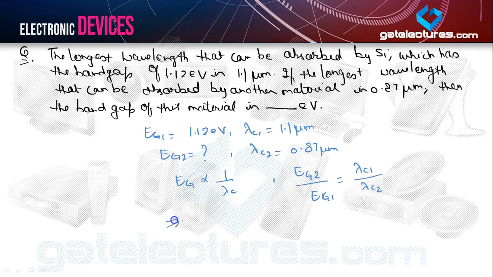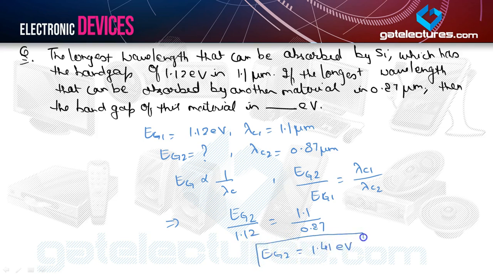Plugging in the values, Eg2 upon 1.12 is 1.1 upon 0.87. When you solve, you get Eg2 as 1.41 electron volt. So this must be the answer to this question.